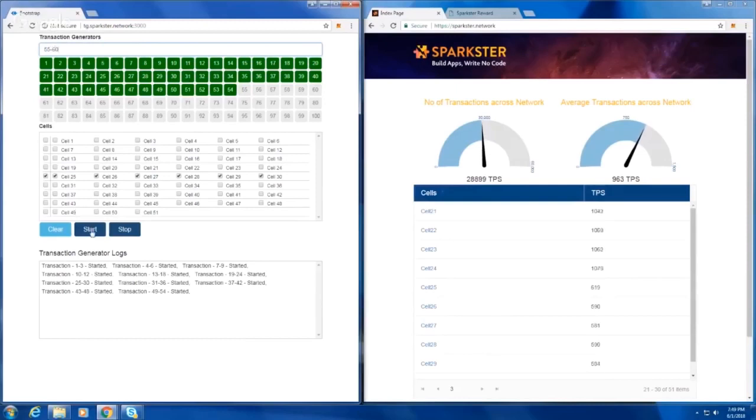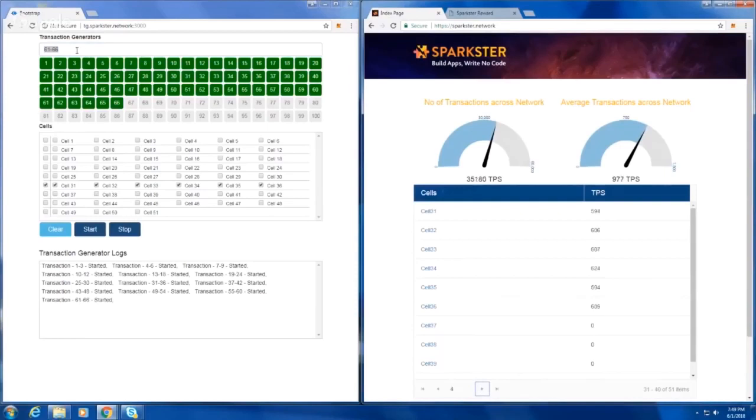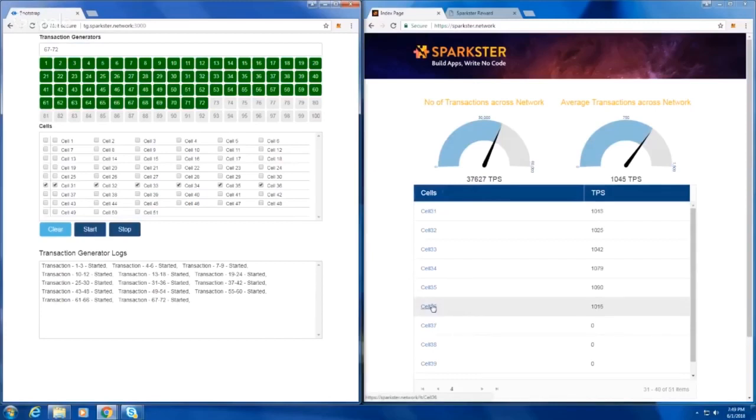25,000 transactions a second, with 1,000 transactions a second on average per cell. 28,000, 29,000, 30,000, 31,000. 35,000. You can see it's all happening legitimately in real time.